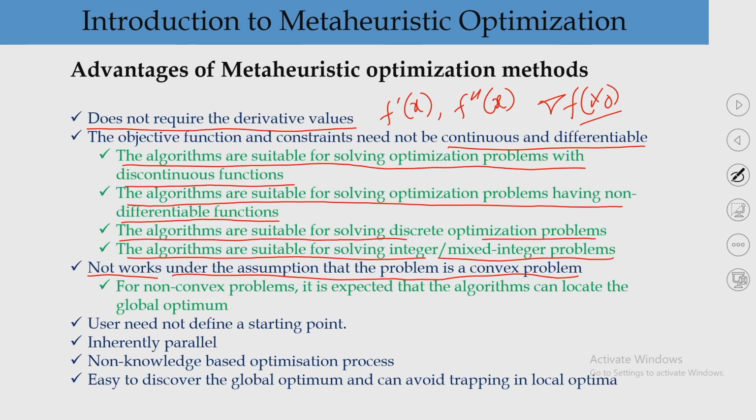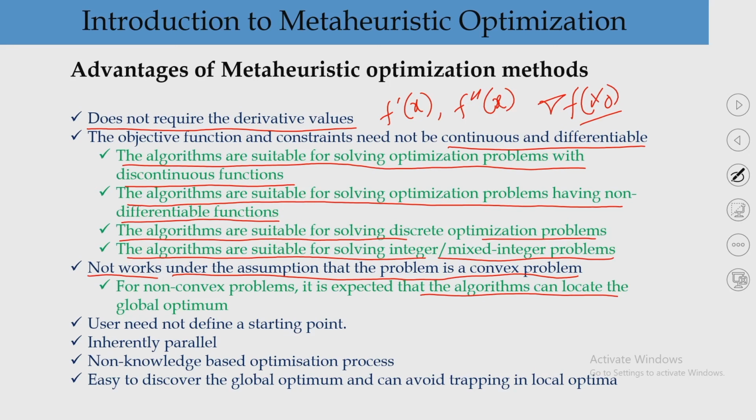If your problem is a convex problem, you go for a classical optimization technique, because they are very good algorithms for solving convex problems. Now, if your problem is a non-convex problem, then I will suggest that you apply metaheuristic optimization methods.